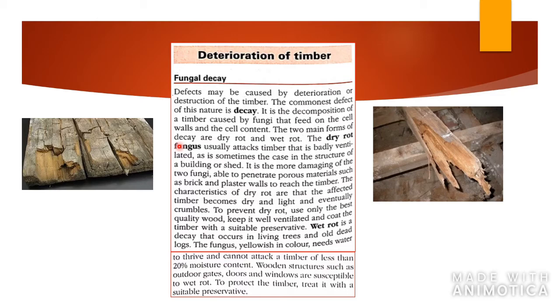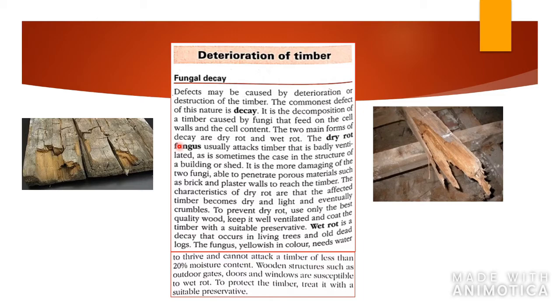In the previous video we looked at the cell content of wood. I explained the difference between hardwoods, which contain pores, and softwoods, which do not contain any pores but are denser. The two main forms of decay are dry rot and wet rot.